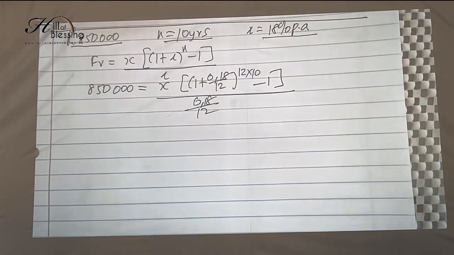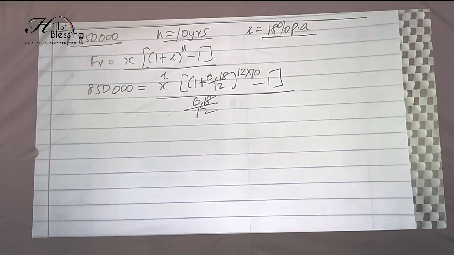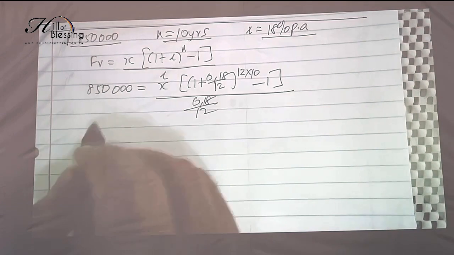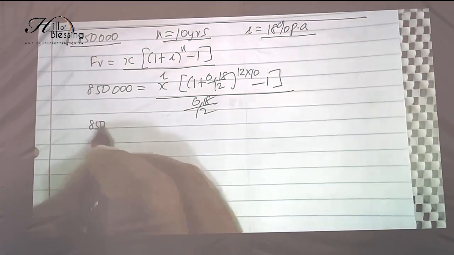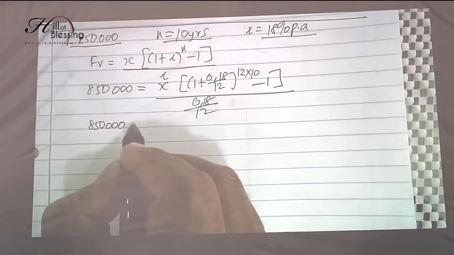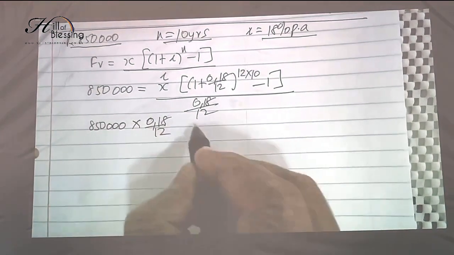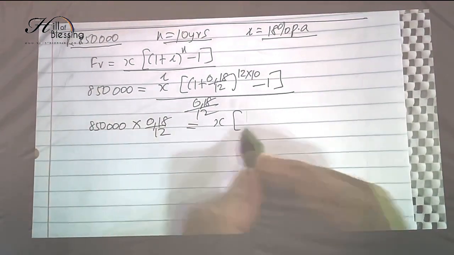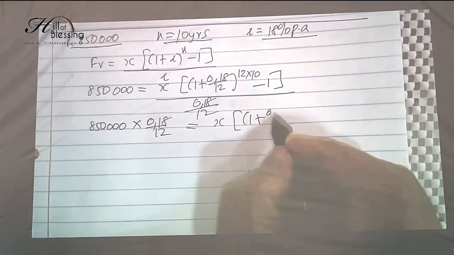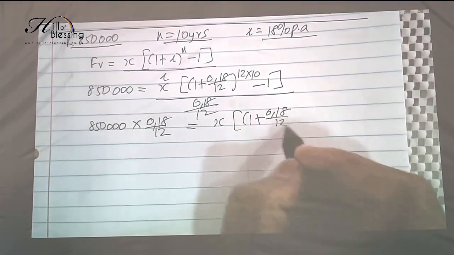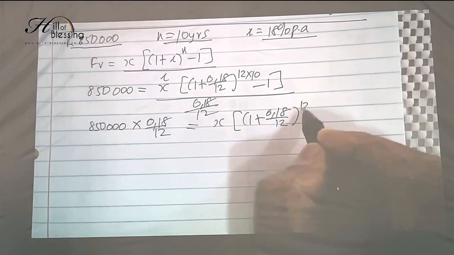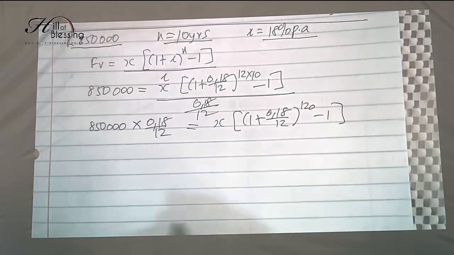Divide by 12. Now, when you are doing this in the exam, or for any test for that matter, it's 850,000 times 0,18 over 12 is equal to x into 1 plus 0,18 over 12 to the 120 minus 1.